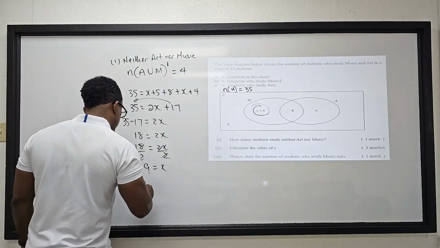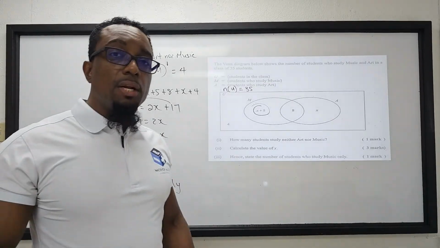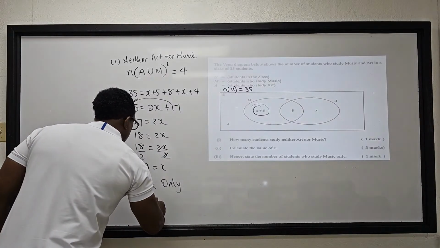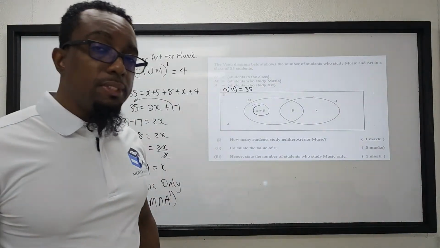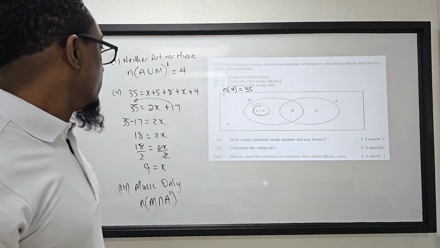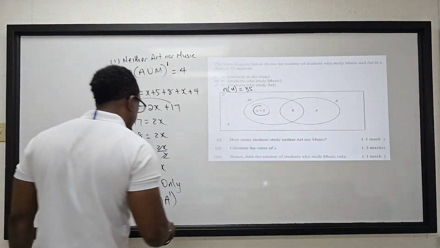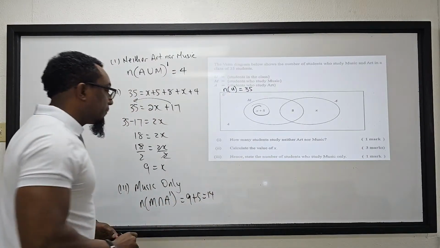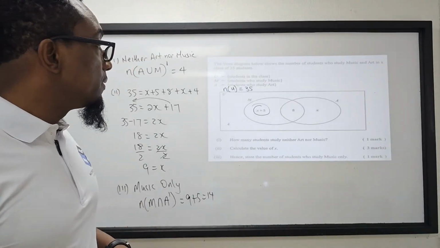So music only in set notation will be n of M intersect A complement. So get familiar with the set notation, that's music only. So if you got X as 9, then you're going to add 9 to 5, which will give you 14. So the number of students who study music only will be 14 students.